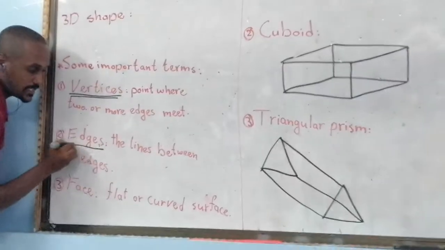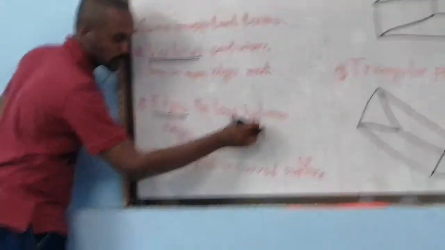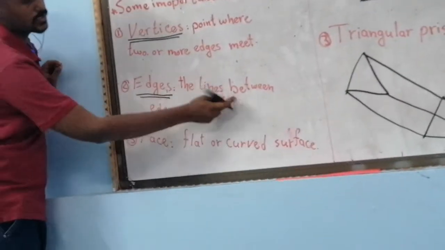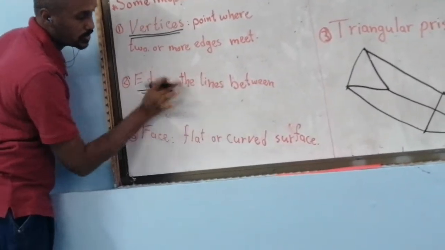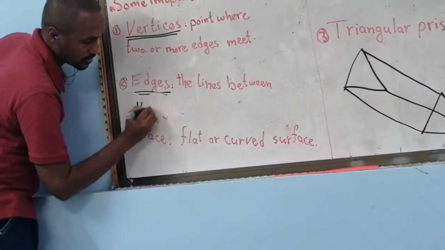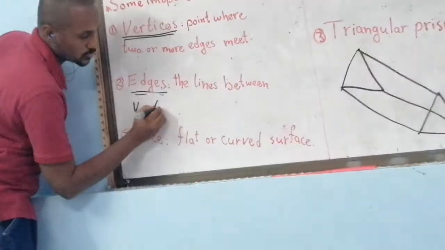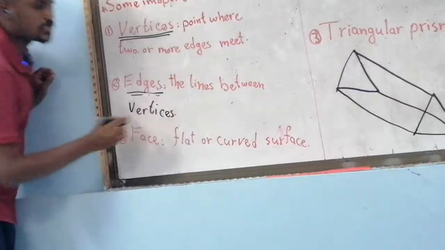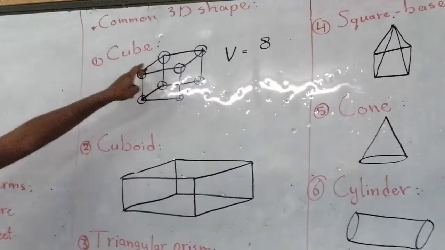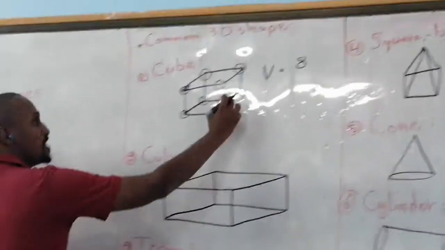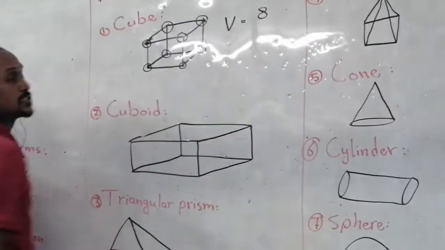So, edges. What does edges mean? Edges are the lines between vertices. This is what? Edges. So these are the vertices, and the lines between them are the edges.